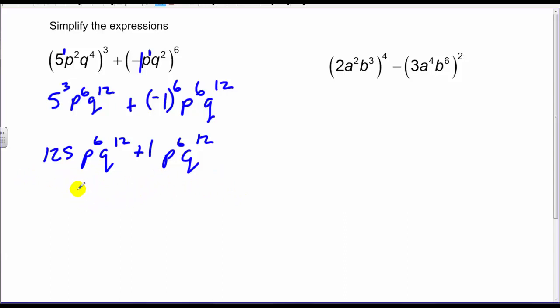Well, like terms state that I can have different coefficients out in front, but in order to add these, I must have matching variables, which I do, and matching exponents, which I do. And if that's the case, I keep all the variables the same and add the numbers or the coefficients out in front. So that's 126, p to the 6th, q to the 12th.